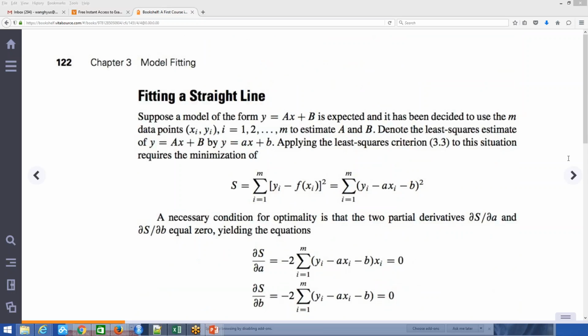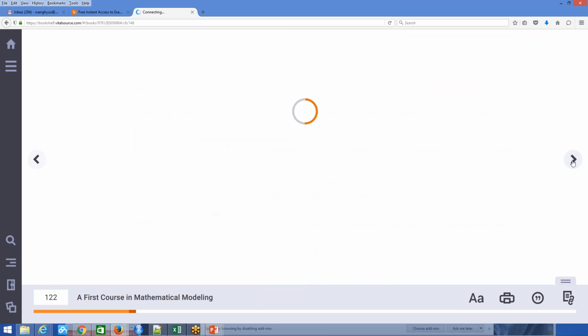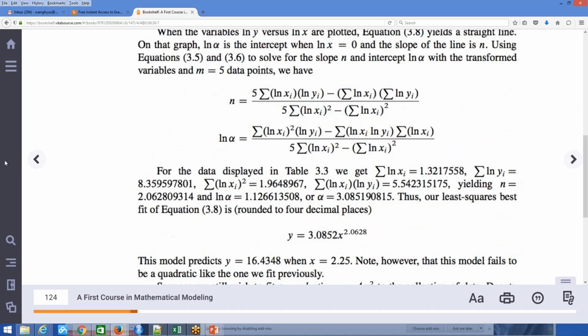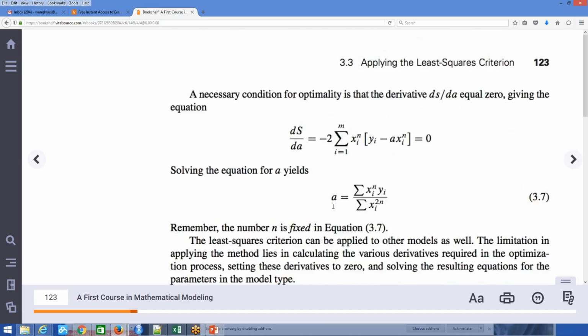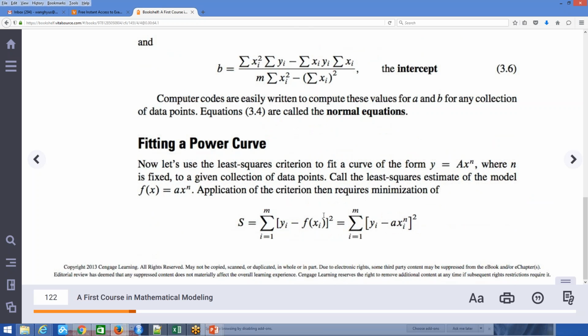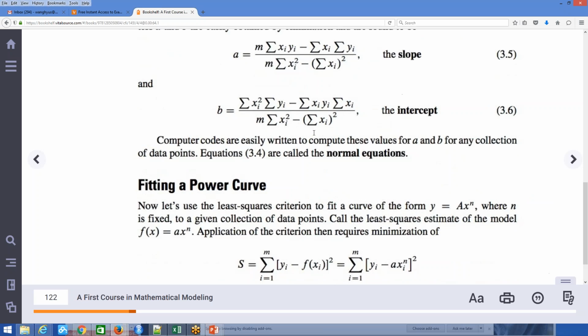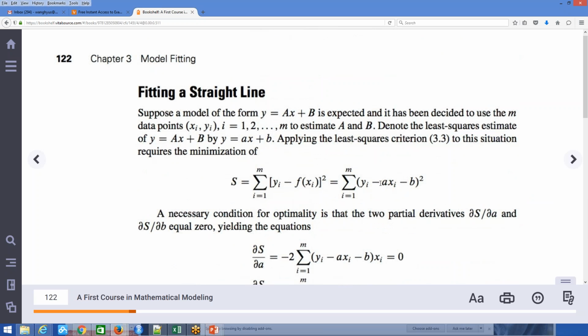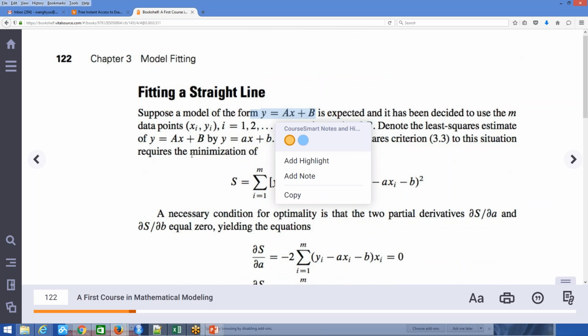And then you're talking about 3.7. 3.7 is different because, first of all, 3.5 and 3.6 are really just a linear equation, y equals ax plus b, a linear relationship between x and y.